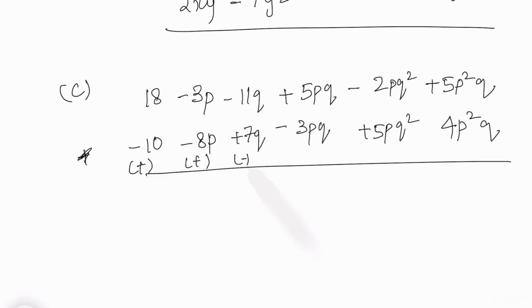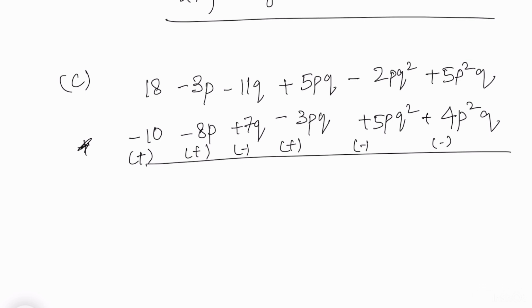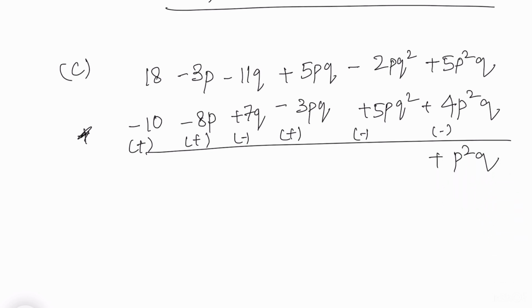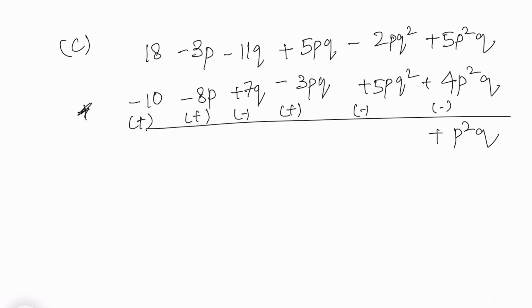I'm just changing the sign. Add them. Plus minus plus 5 is there. 5 is bigger. 1 pq square can be written as just pq square, no need to write 1.